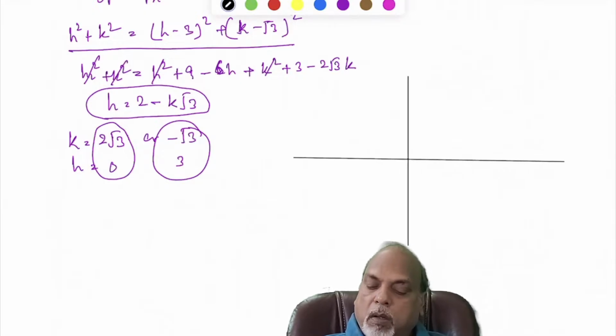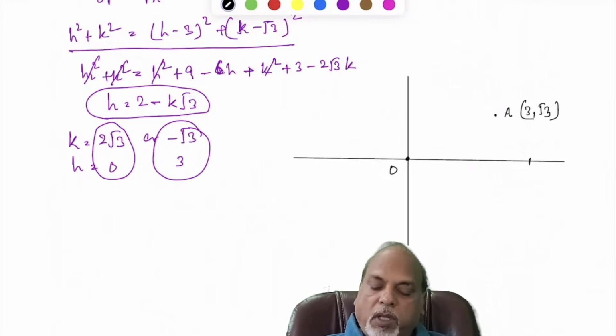Here your O point is there, here A point is there. A is 3, sorry, here A point here it is not there. A point is something like this, 3 root 3.